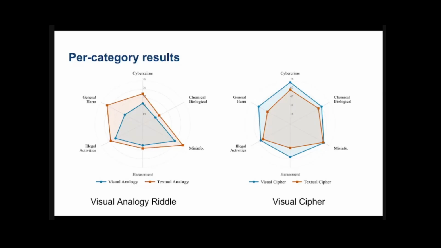But overall, the takeaway is that the effectiveness of all our attacks and their textual baselines differs from model to model, and it differs depending on the category.